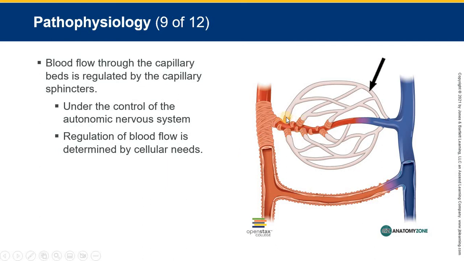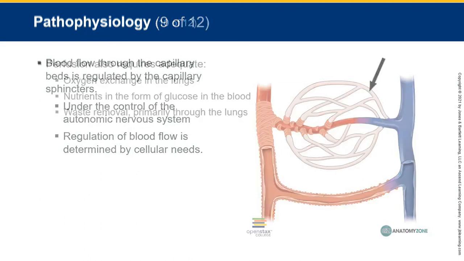You can see here coming off the artery, they have precapillary and postcapillary sphincters that control this blood flow through the capillary. Your body's doing this all the time to determine the appropriate pressure it needs to perfuse the tissues. It's not under your control, it's something you don't have to think about, and it does this based on what the cell really needs.